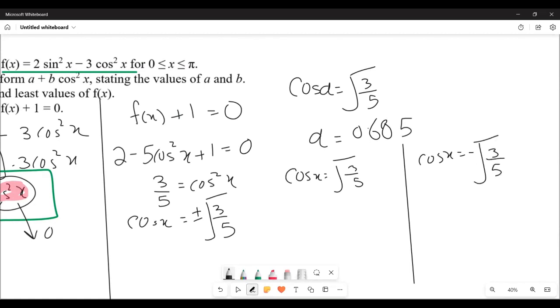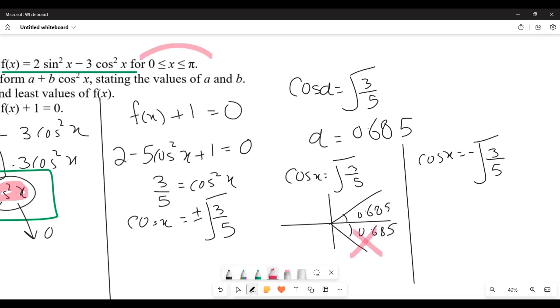We have to plot alphas in different quadrants. Add sugar to coffee here and here. But this is out of the domain because the domain is between 0 to pi. So the fourth quadrant, we don't go there at all. Similarly for this one, cos is negative here and here, but this is out of the domain.